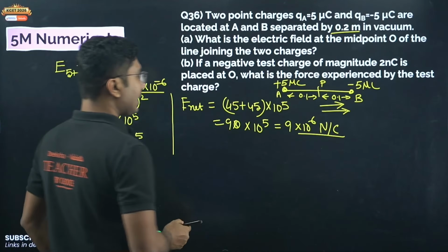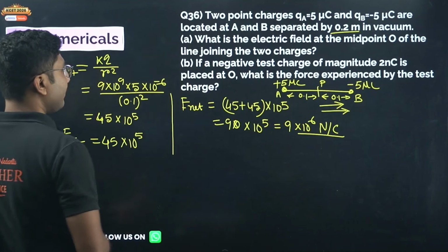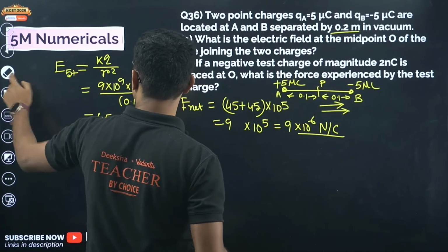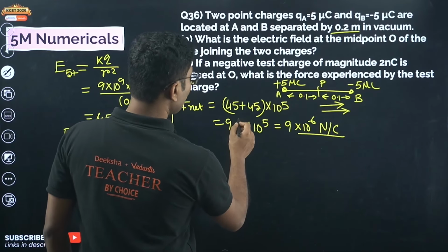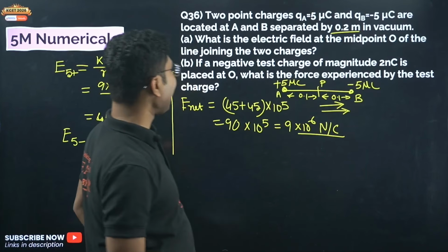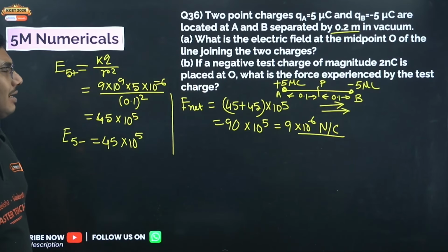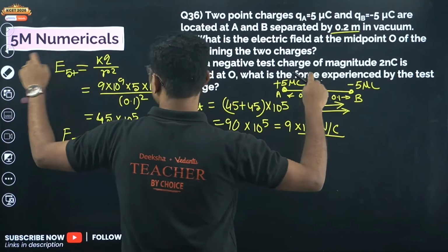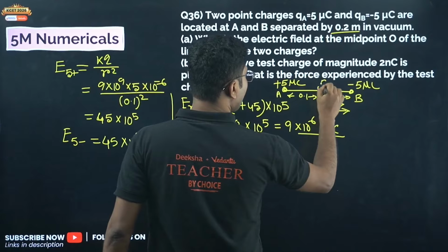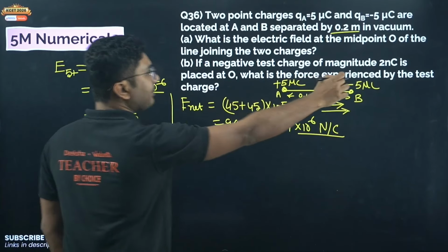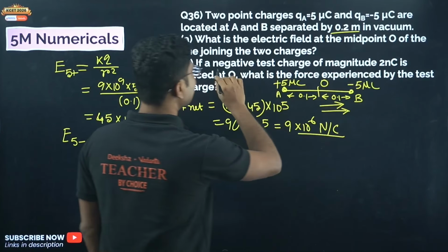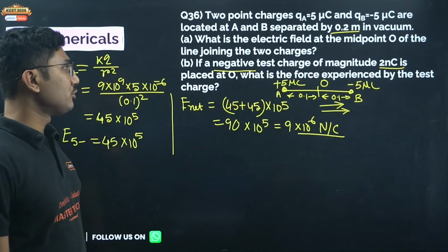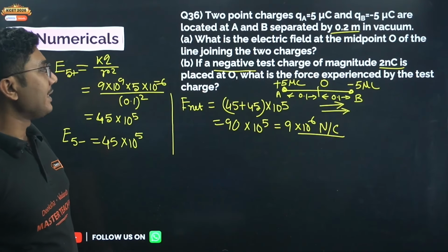Okay, now if a negative test charge of magnitude 2 nanocoulomb is placed at O, what is the force experienced by the charge? So the midpoint is not P, the midpoint is O. So if you place a negative test charge, the test charge is negative and that value is 2 nanocoulomb, what is the force experienced by the charge?